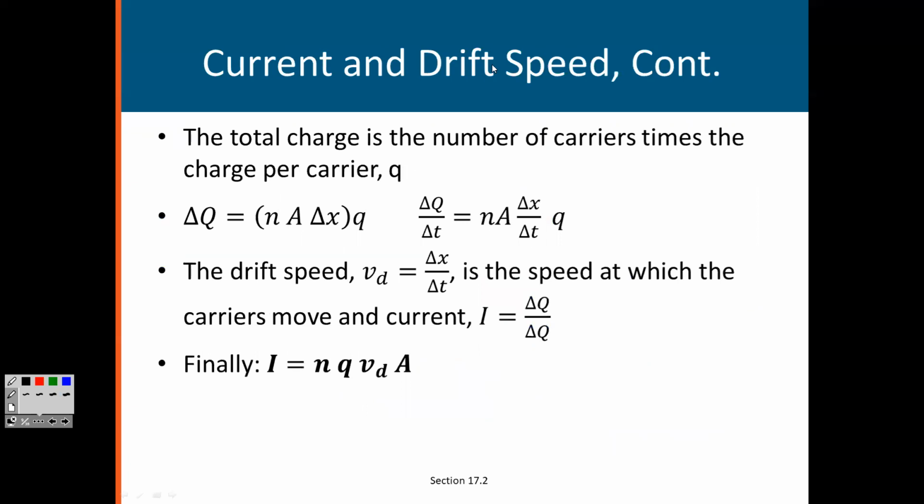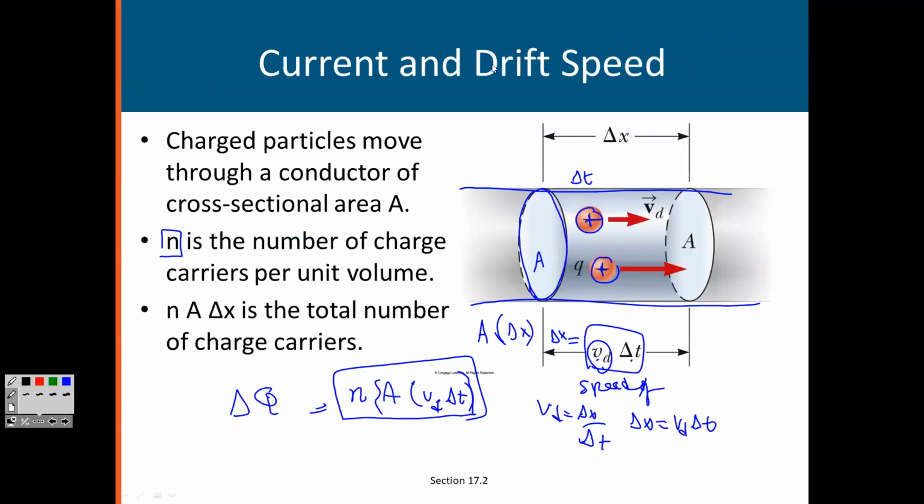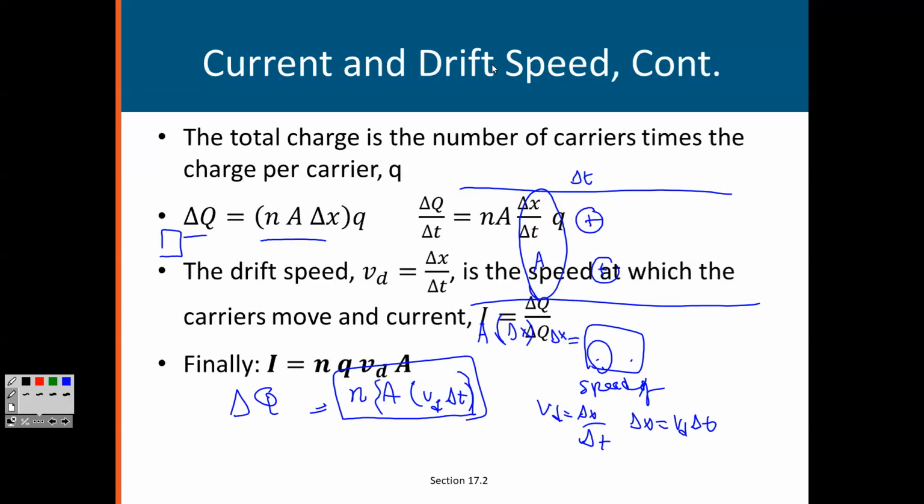Let me go to the next slide. So this is what I told you there. Now how did we get this? We say that A delta x is the volume.